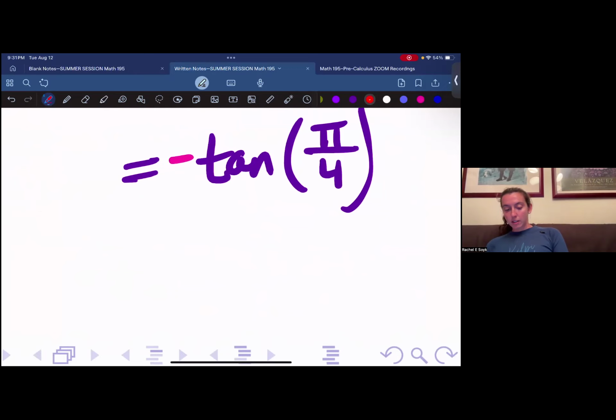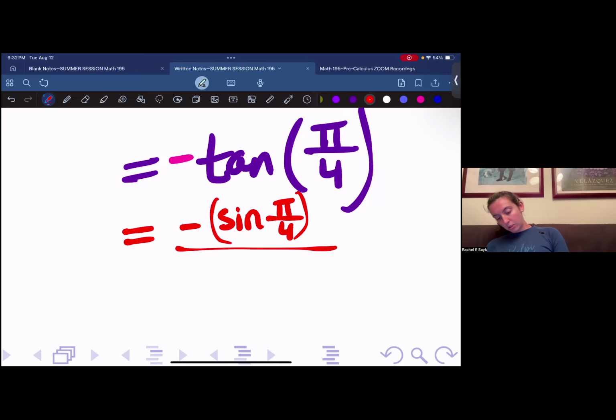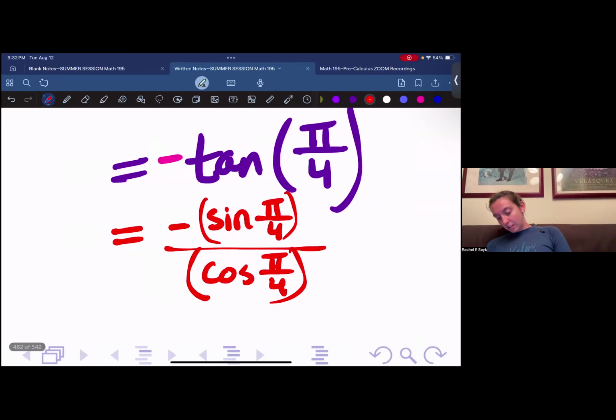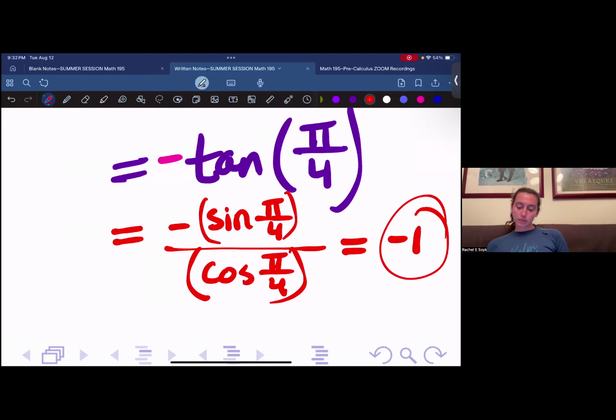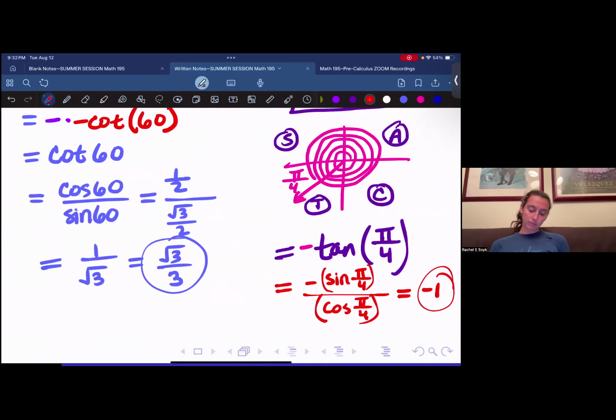Tangent is the same as our sine of pi over 4 divided by cosine of pi over 4, which is the square root of 2 over 2 in both cases. And so then you just get -1. And you're done.